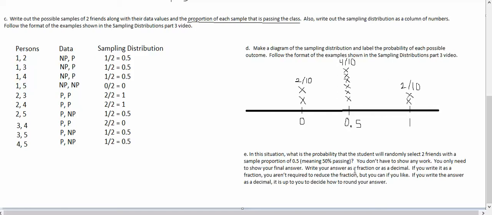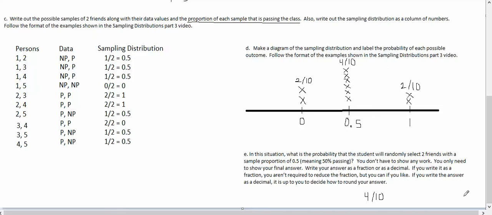Well, we can just look at our diagram. 4 out of 10 of the possible samples are 50% passing, which means that the probability is just 4 over 10. We just look it up from right here.